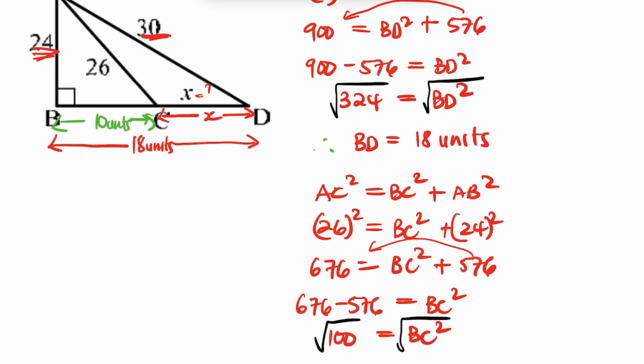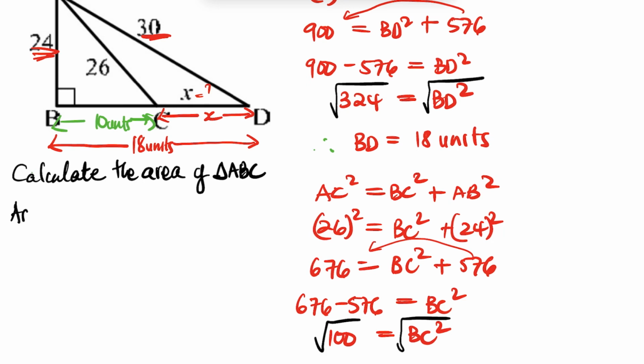Grade 8 and 9. What will you do if the question says calculate? Let me write the question. The question that says calculate the area of triangle ABC. The area. Now the formula for the area.